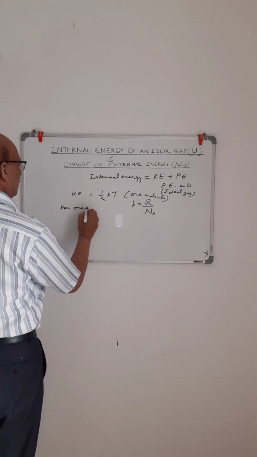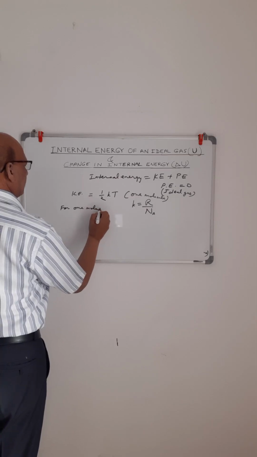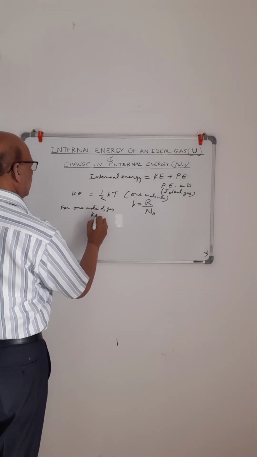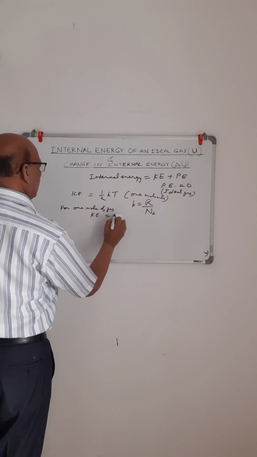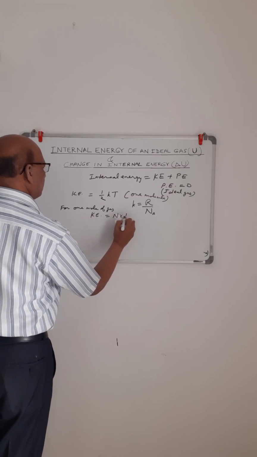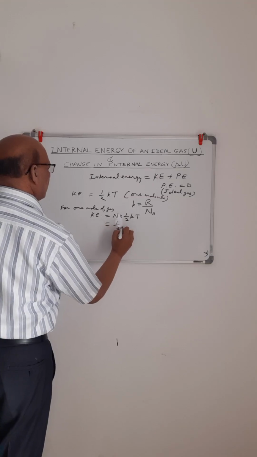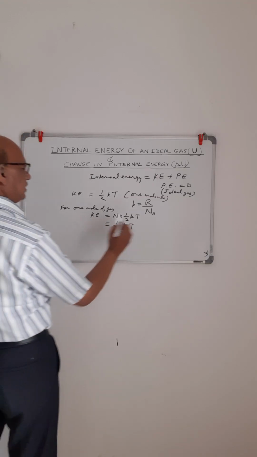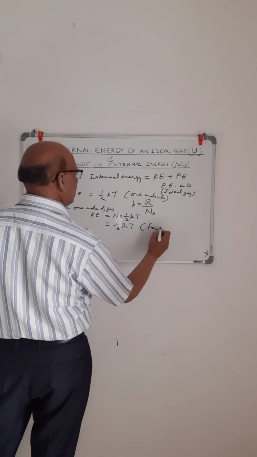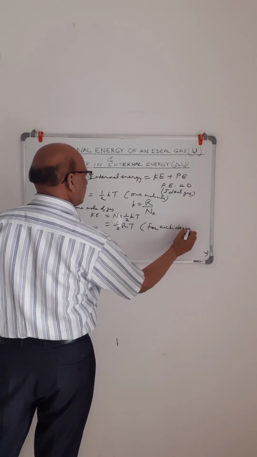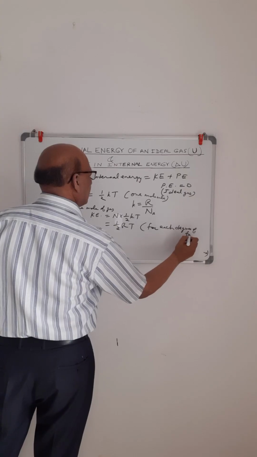Okay, now for one mole of gas, that is an ideal gas, I can say that kinetic energy is nothing but Avogadro's number N multiplied by half kT, which will be nothing but half RT. This is for each degree of freedom.